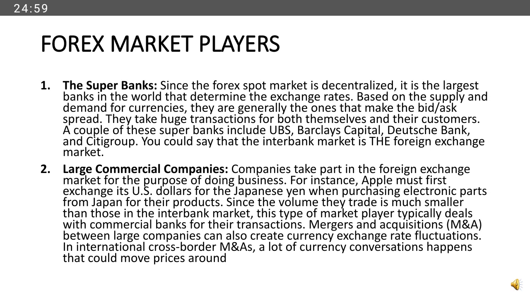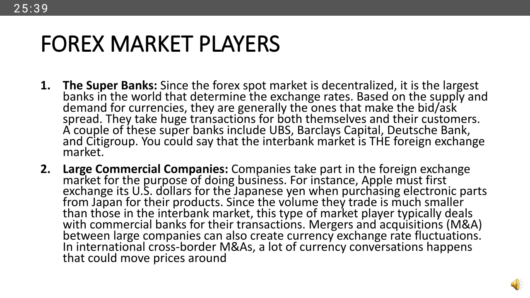Number two, the large commercial companies. Companies take part in the foreign exchange market for the purpose of doing business. For instance, Apple must first exchange its US dollars for Japanese yen when purchasing electronic parts from Japan for their products. Since the volume they trade is much smaller than those in the interbank market, this type of market player typically deals with commercial banks for their transactions.